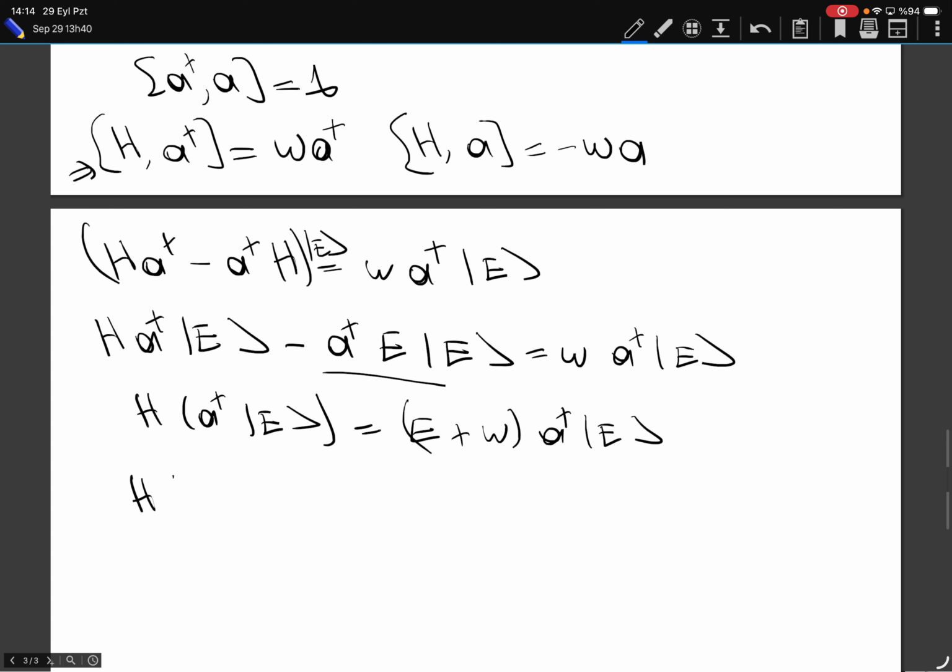Similarly, H A E would be E minus omega times A E. Just like that, the A operator lowers the energy by omega, and the A dagger operator increases the energy by omega.